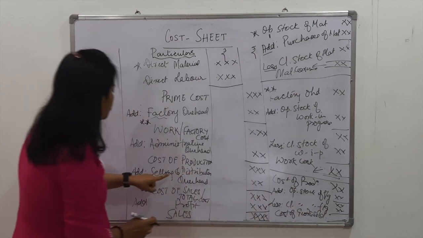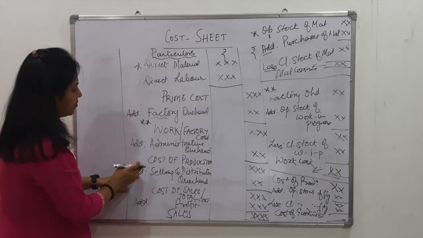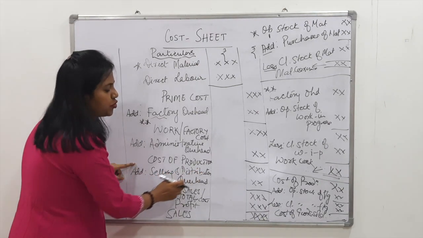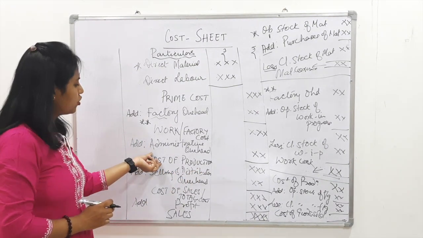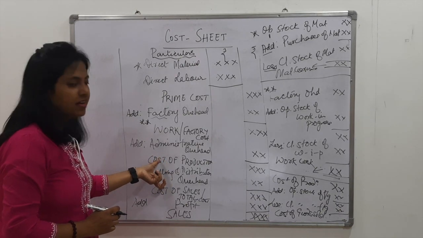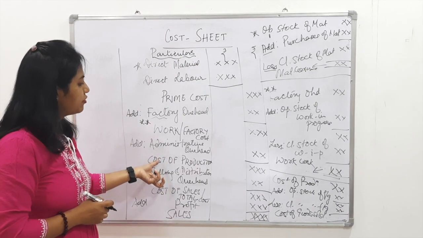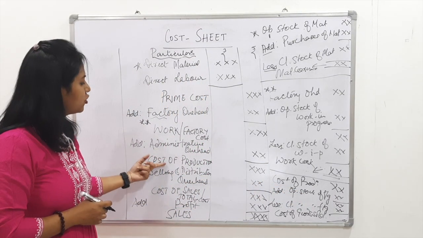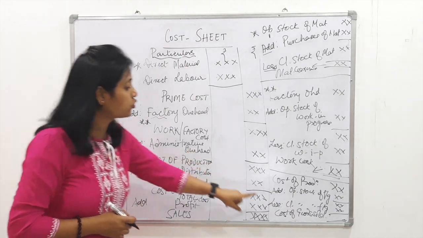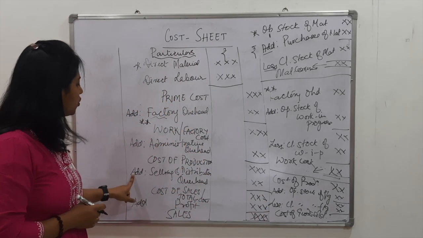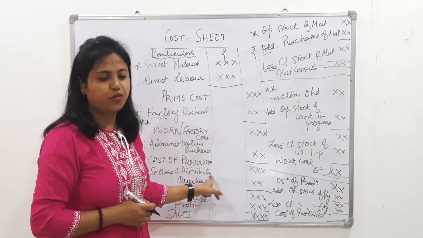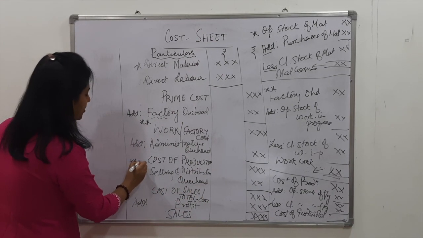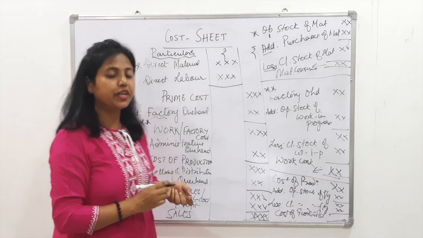This cost of goods sold should come here, and with this you add the selling and distribution overhead. So remember, after cost of production there will be some space. This space will depend on whether you have the information about finished goods. If there is information about finished goods, add the opening stock less the closing stock, you will get cost of goods sold. With cost of goods sold, you will add selling and distribution overhead. So these are the 3 points that you have to keep in mind when you are doing a cost sheet.